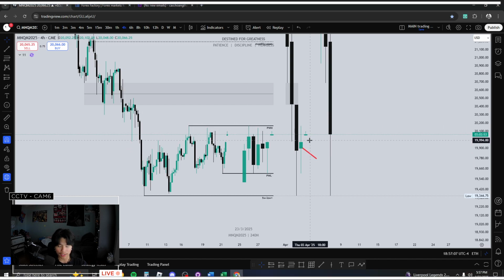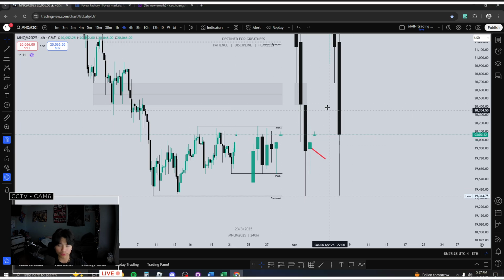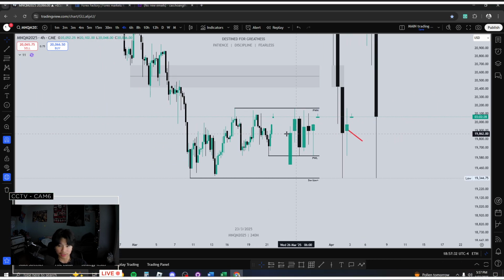I can't anticipate if we're going to take out previous week's high or previous week's low. I wouldn't force a weekly higher time frame objective coming into this week. I don't really want to force a directional bias on the weekly time frame, at least. So that's what I have in mind coming into the daily time frame.